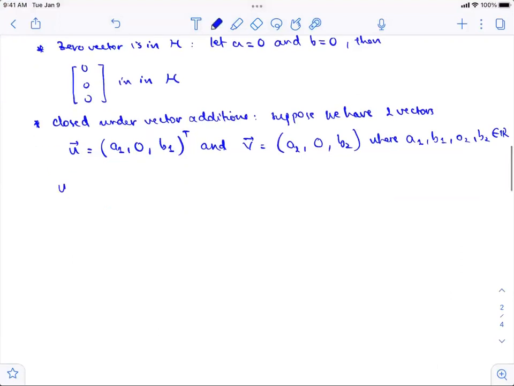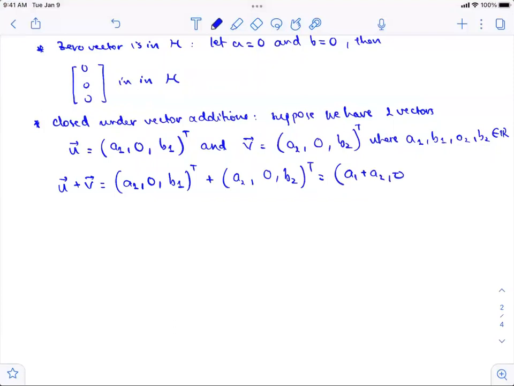So u plus v is equal to a1, 0, b1 transpose plus a2, 0, b2 transpose. It's going to be the same by adding the components: a1 plus a2, 0 plus 0, b1 plus b2, transpose.